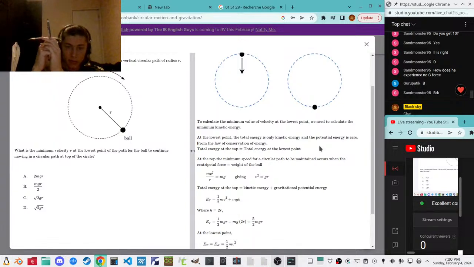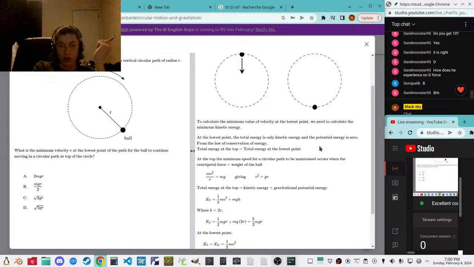At the top, the minimum speed. Okay, let's read. To calculate the minimum value of velocity at the lowest point, we need to calculate the minimum kinetic energy. Oh, it's kinetic energy. At the lowest point, the total energy is only kinetic, and the potential energy is zero. At the top, the minimum speed of the circle occurs when the centripetal force equals the weight of the ball.